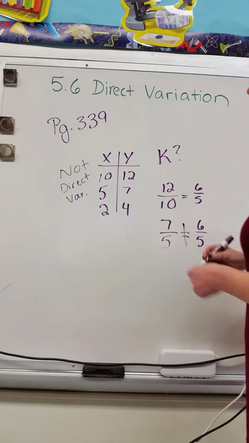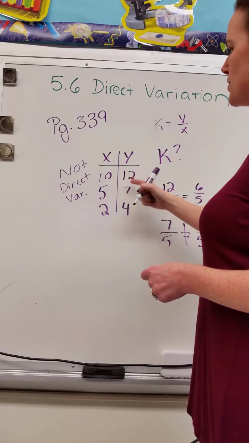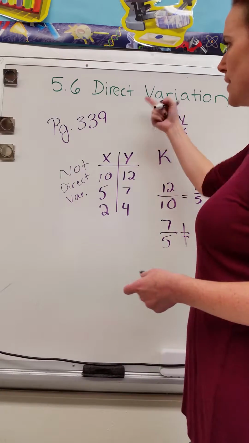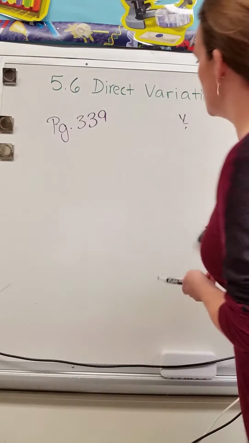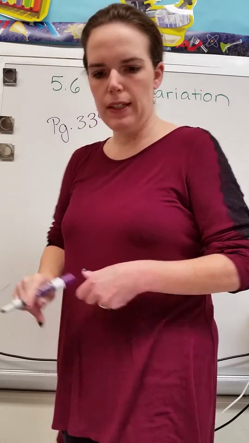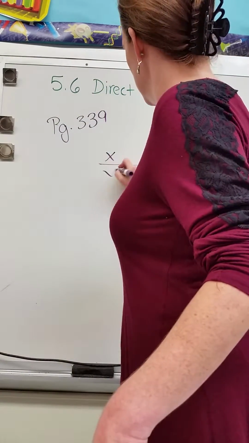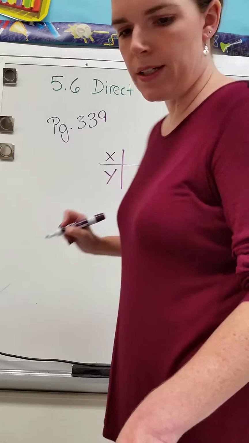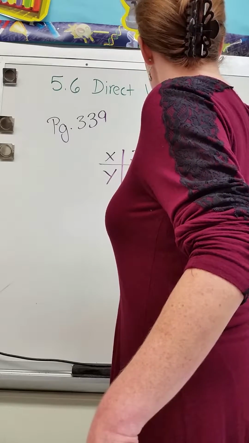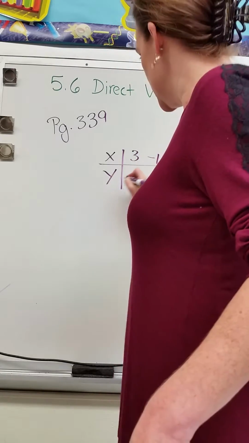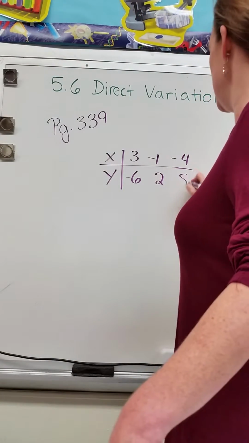And it's just because k is just y over x. If all those y's over x's are the same thing, then you've got that. So let me give you one that is. Let's say your x's are 3, -1, and -4, and your y's are -6, 2, and 8.